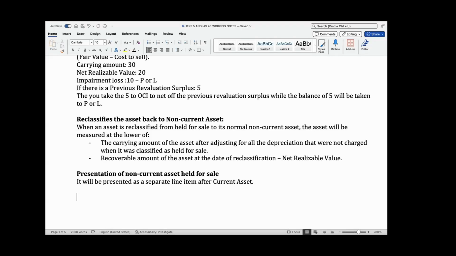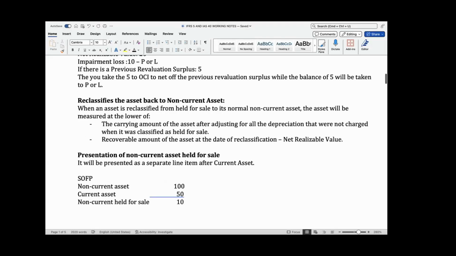So if you have in your statement of financial position non-current assets 100 and current assets 50, underneath it you have non-current assets held for sale. We want to see it separately so that everybody will know that you present it as a separate line item.